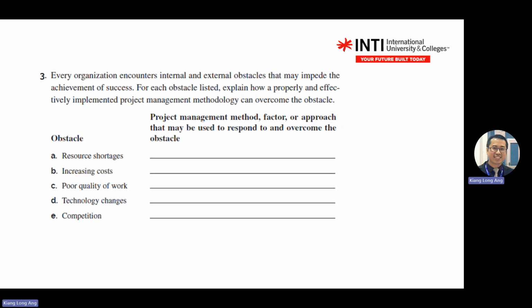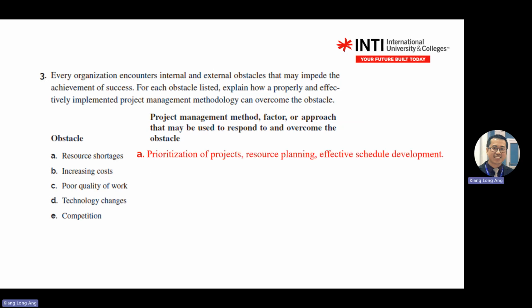So how can project management overcome these? I'll give you the first one. If you have a resource shortage, you have the priority of the project, you do resource planning, and you also do scheduling, right? So if you have this problem, what do you do?